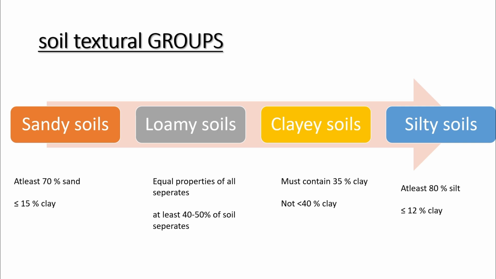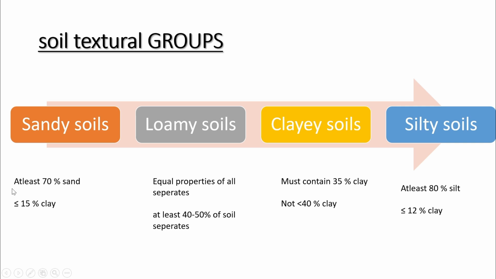They show the property of the major soil separate present in it. If the major soil separate present in sandy soil is sand, and the property shown by sand is more than clay and silt, hence we will call it sandy soil.